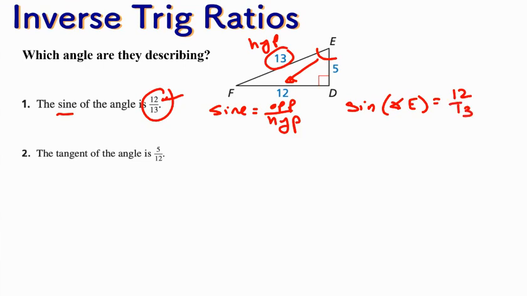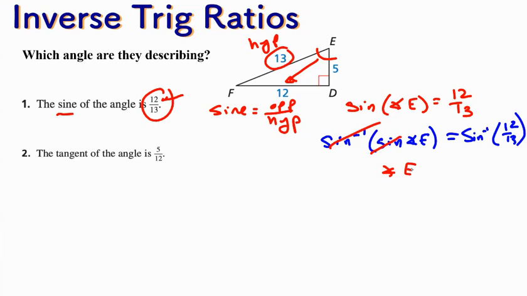Now, if we want to solve for angle E, we take sine inverse of both sides. And the sine inverse and the sine will cancel, leaving just angle E is equal to sine inverse of 12 over 13.